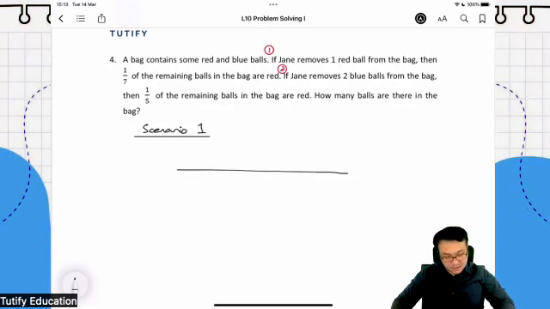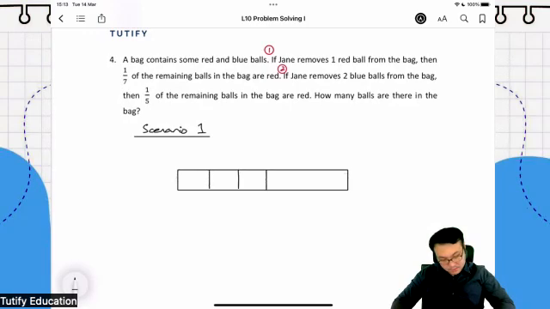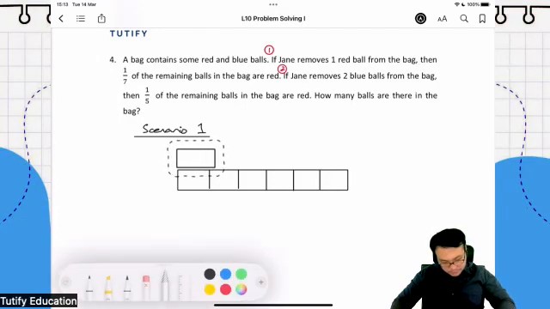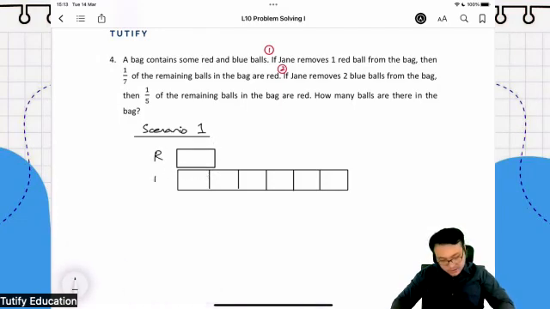So let me draw 6 units for the blue balls. And let me draw a little bit more than 1 unit for the red balls. Okay, these are red balls, these are the blue balls.